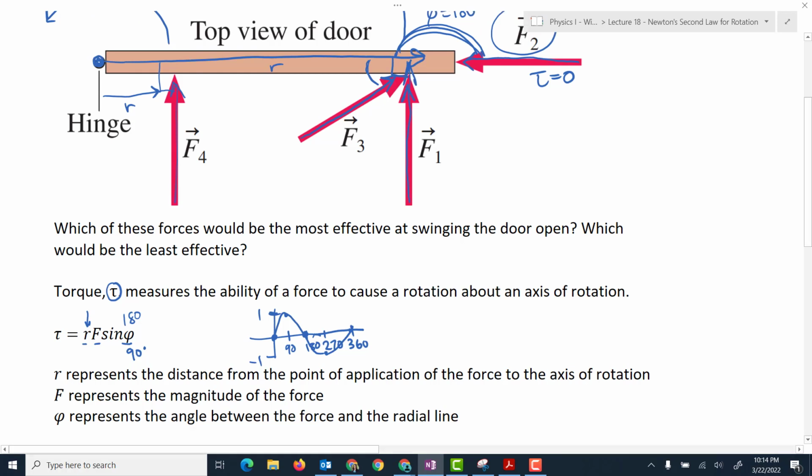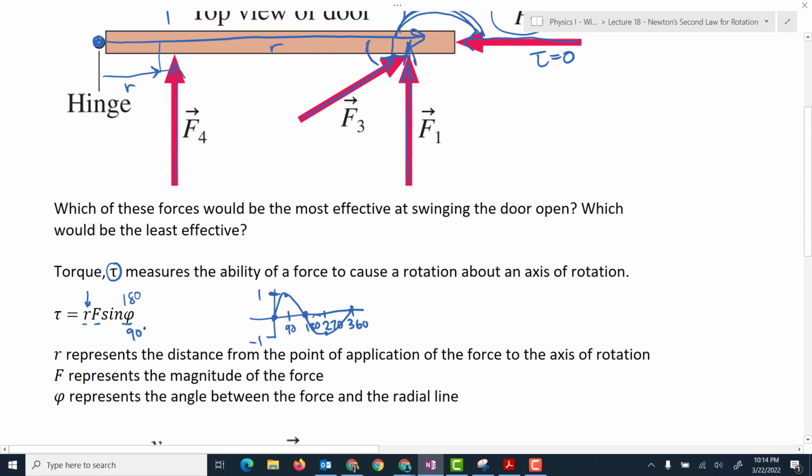Okay, so there's a few things that cause torque to be big. First is the R value, so the farther away the force is applied from the axis of rotation, the bigger the torque will be. The bigger the actual magnitude of the force is, the bigger the torque will be. And then there's your angle. So your angle is going to be somewhere between 0 and 180. The closer it is to 90, the bigger your torque will be.